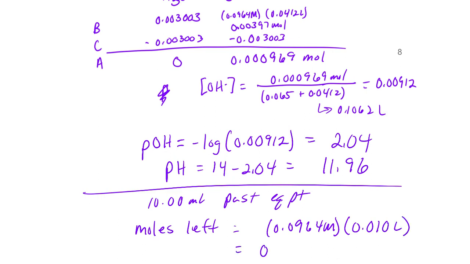So we end up with 0.000964 moles of hydroxide, which is essentially this value. There's rounding errors. Okay, so we get the same number of moles. You see that?